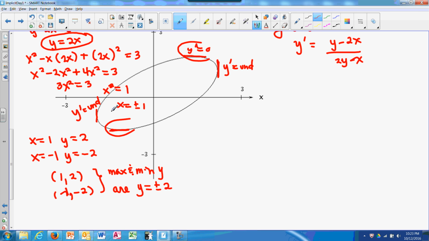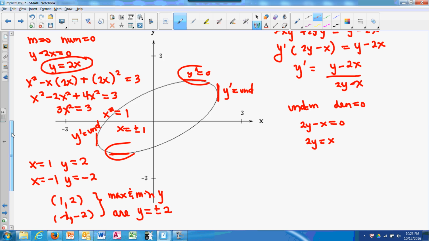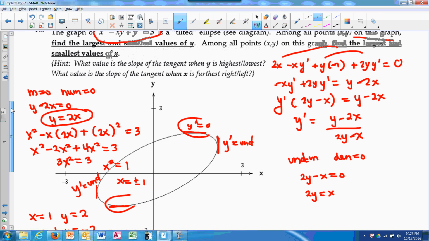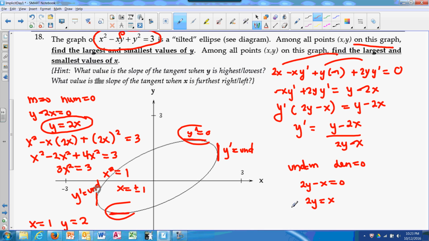Now, to find these undefined slopes so we can figure out where x is the largest: for the slope to be undefined, it means only the denominator equals 0. So 2y minus x equals 0. So 2y equals x. I'm going to put that back into the original curve. The original curve was x squared minus xy plus y squared equals 3.